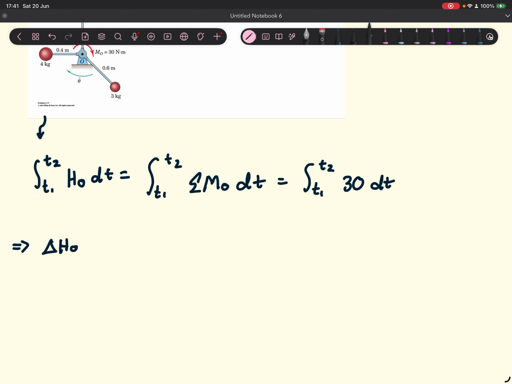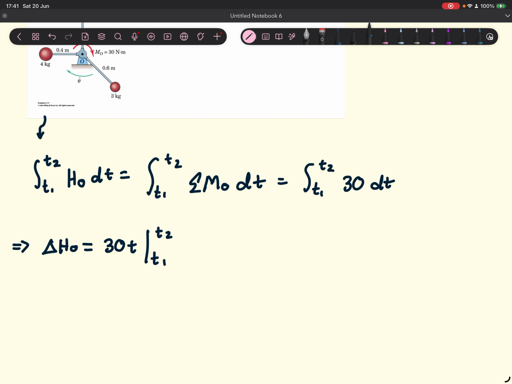So a change in angular momentum will become 30t evaluated from t1 to t2.